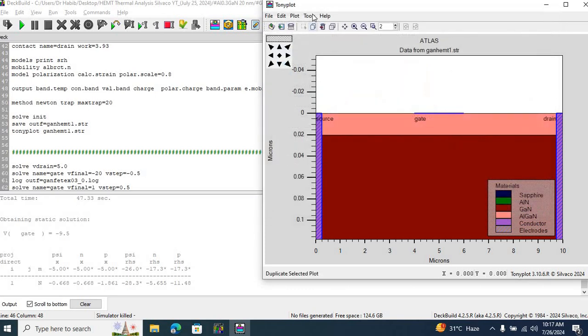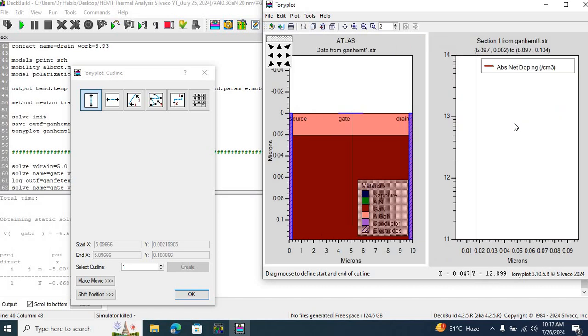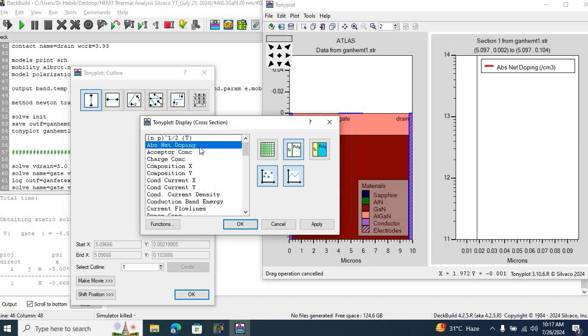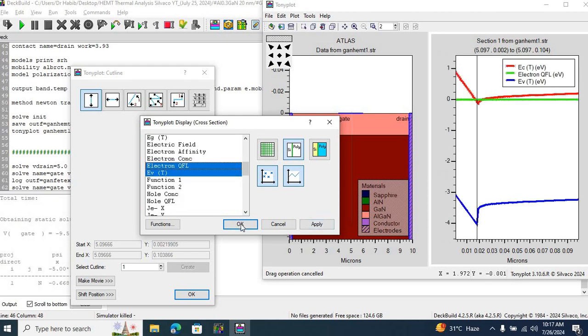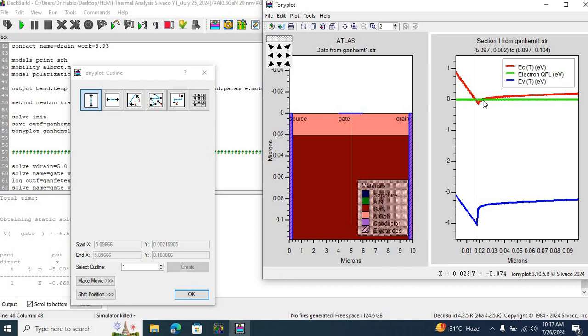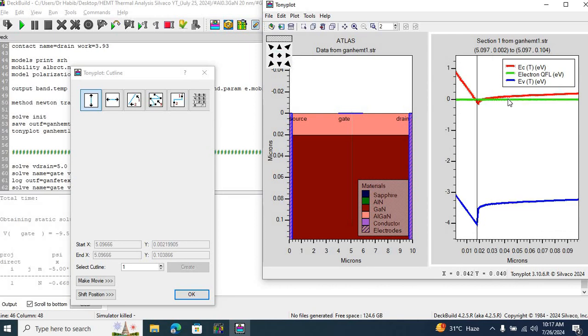We go to tools, cut line, we draw a cut line across this interface, and then we go to display. The conduction energy level, valence energy level, electron quasi-Fermi level, we hit apply. Now you see a slight kink over here at this interface between the aluminum gallium nitride and gallium nitride layer. This actually confines the carriers to two dimensions. That is why it's called a two-dimensional electron gas.